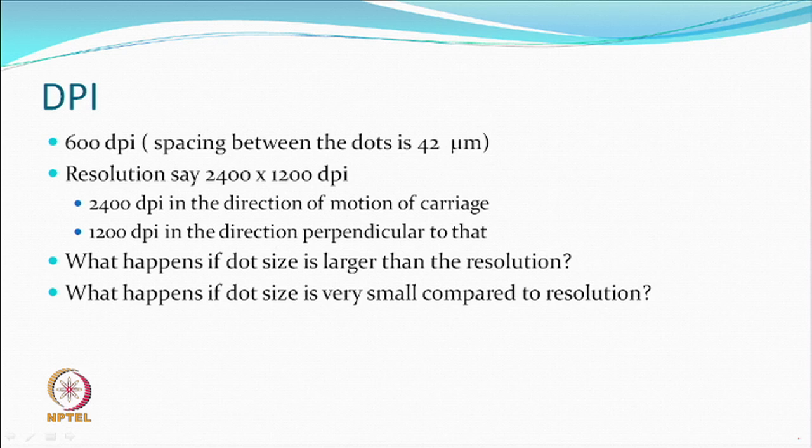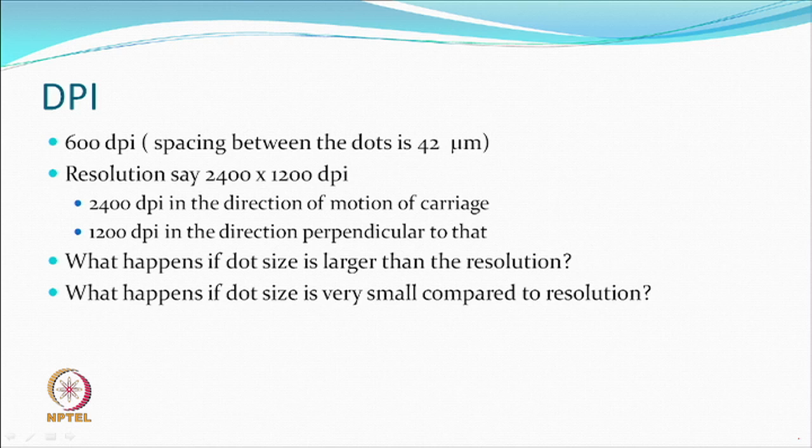Now, this inch has stayed with the printing industry. So, if you have let us say 600 dpi, that is in a linear direction, then what it means is that between two dots in the same line, the center to center gap may be somewhere around 42 micrometers.